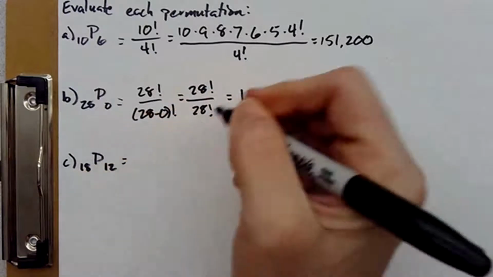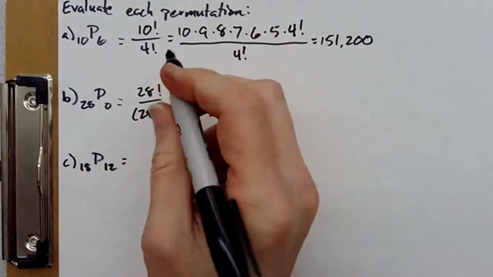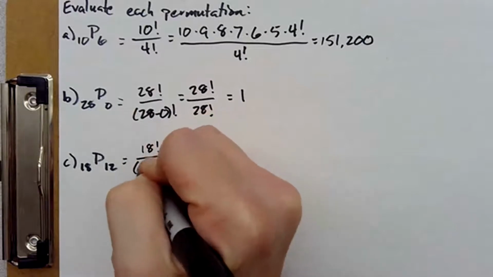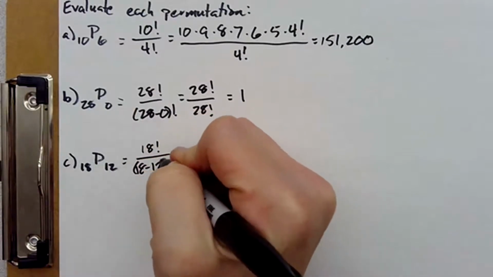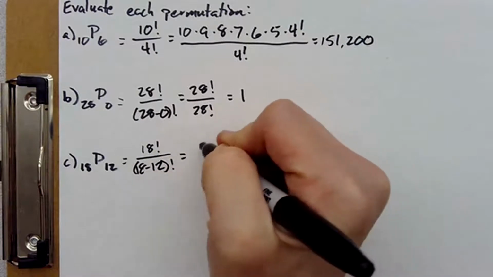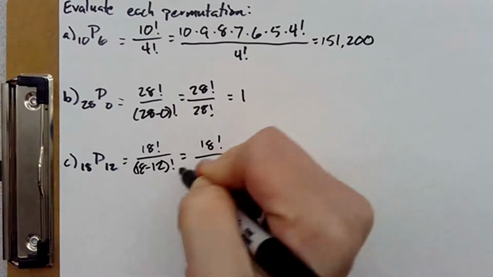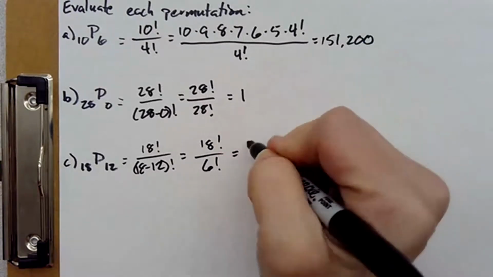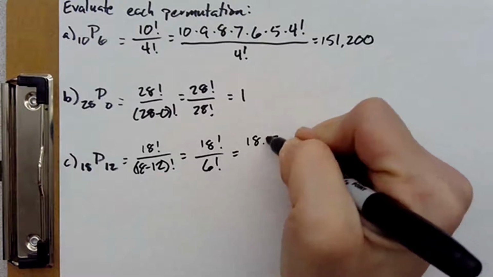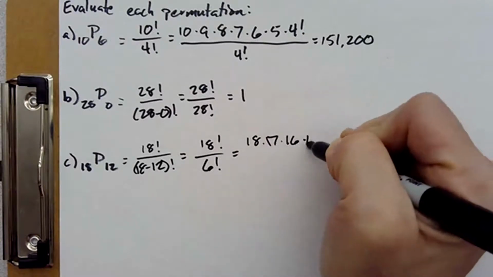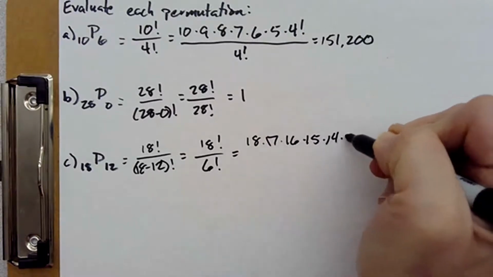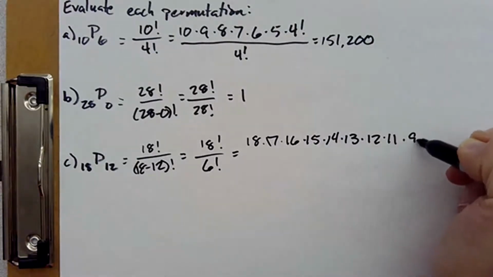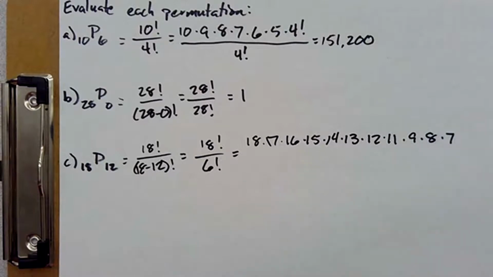Finally, we've got 18 pick 12, which is 18 factorial over 18 minus 12 factorial, which gives us 18 factorial over 6 factorial. Well, that's 18 times 17 times 16 times 15 times 14 times 13 times 12 times 11 times 10 times 9 times 8 times 7.